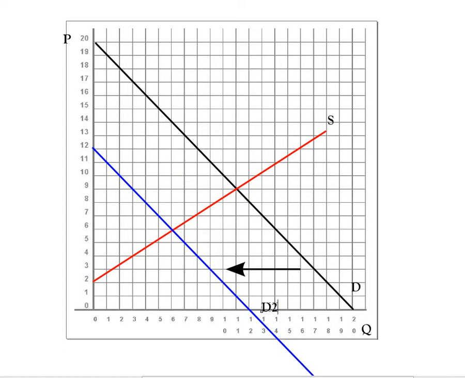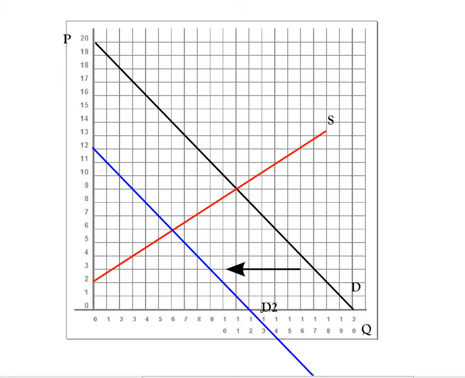To label this new blue demand curve with D2, that way we know that it's something after a change has happened, after this income change in this example. If we know exactly what's happening to the curves, then we can be as specific as predicting, well, the new equilibrium price will be $6, and the new equilibrium quantity will be 6 units also.